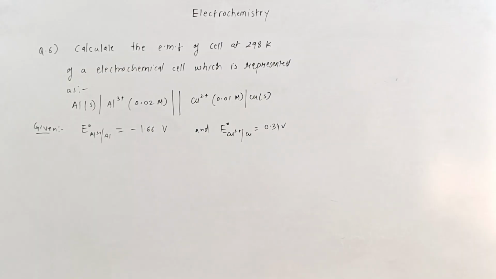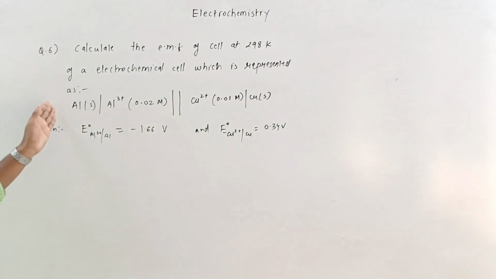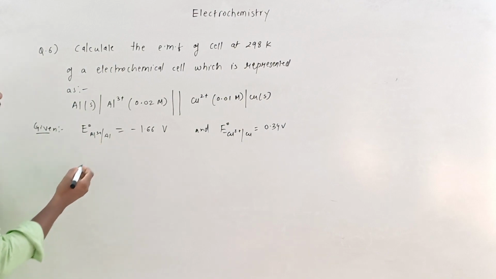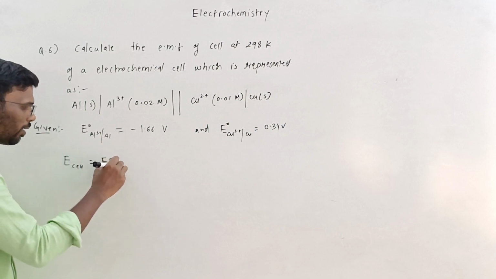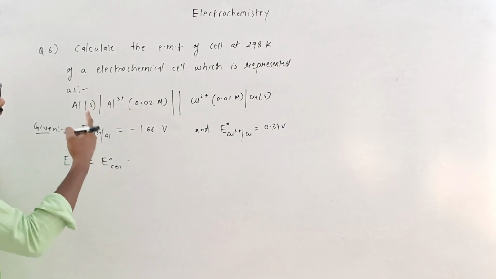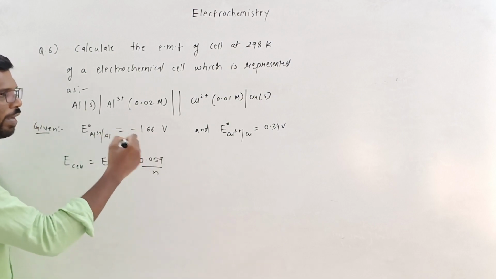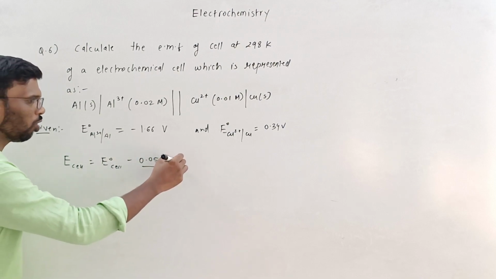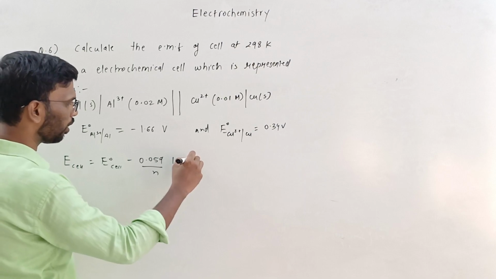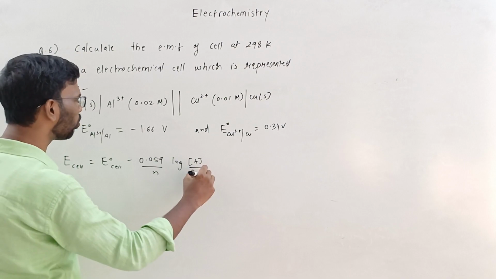Okay, next question. Calculate the EMF of a cell at 298 Kelvin of an electrochemical cell, which is represented like this. This is a representation of a cell. We'll use the Nernst equation, that is E cell is equal to E naught cell minus 0.059 upon n, I'll directly write this since it is at 298 Kelvin, instead of writing RT by nF, times log of the concentration in the anode half cell upon the cathode half cell.